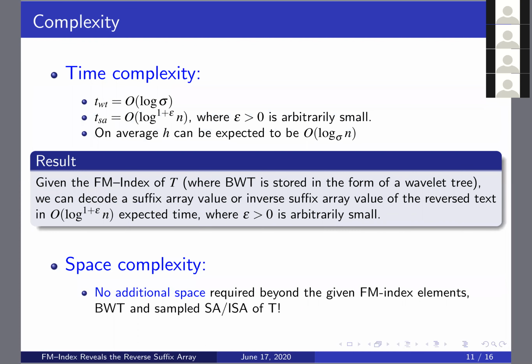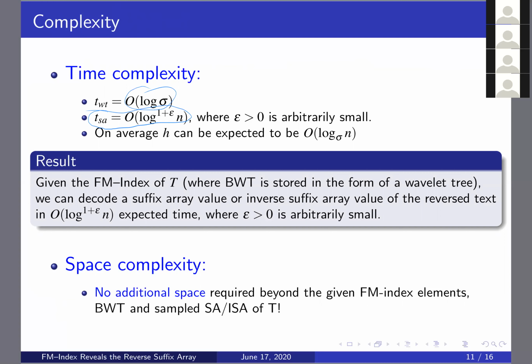Summing up, the operations on the wavelet tree can be done with log sigma time, and accessing the suffix array value with the sampling strategies is log to the 1 plus epsilon n for small epsilon.